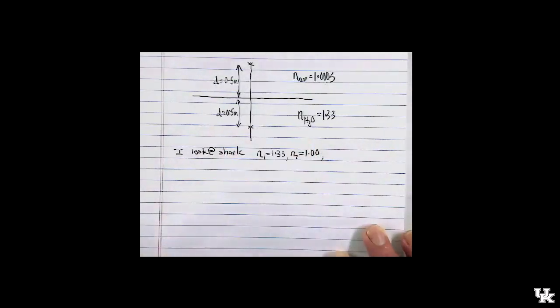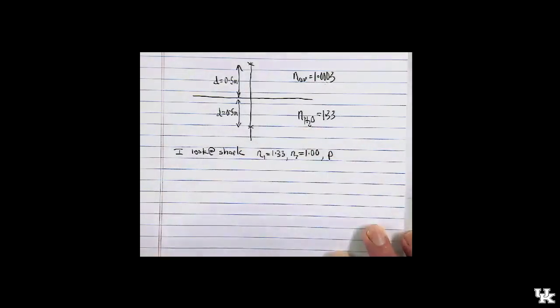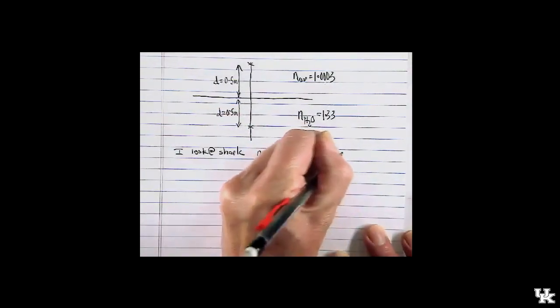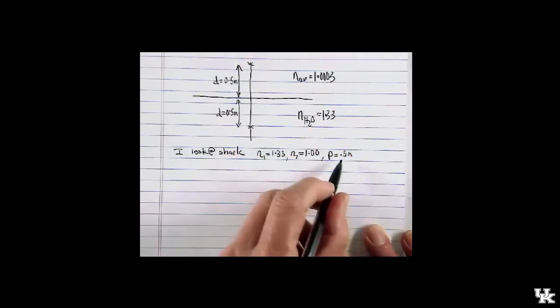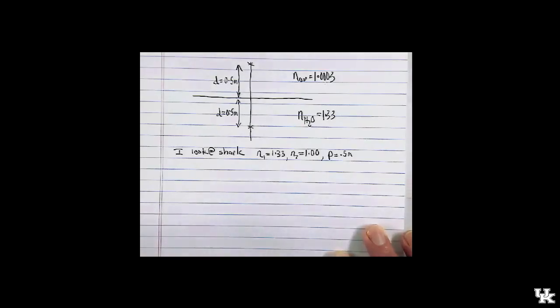The object position, this is the position of the shark beneath the surface of the water. That object position, we call that P, and it's a distance that's 0.5 meters below the surface of the water. And it's positive 0.5 meters because that shark object is on the front side of this boundary.